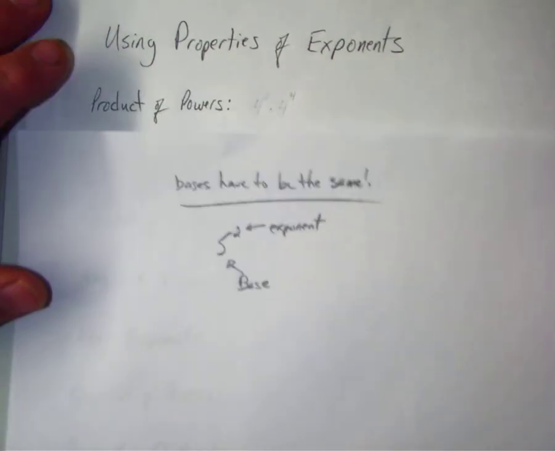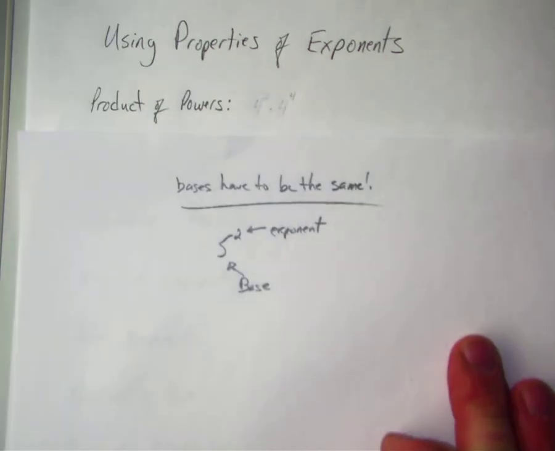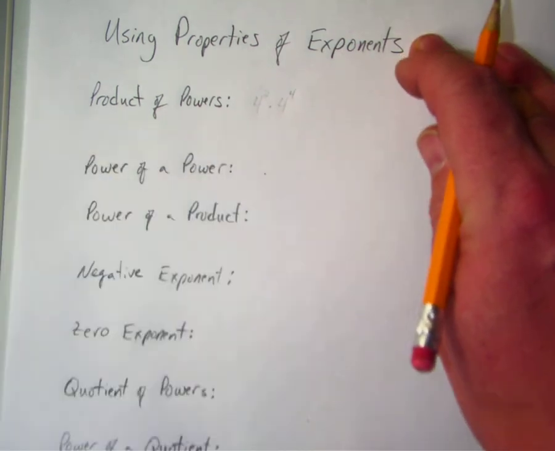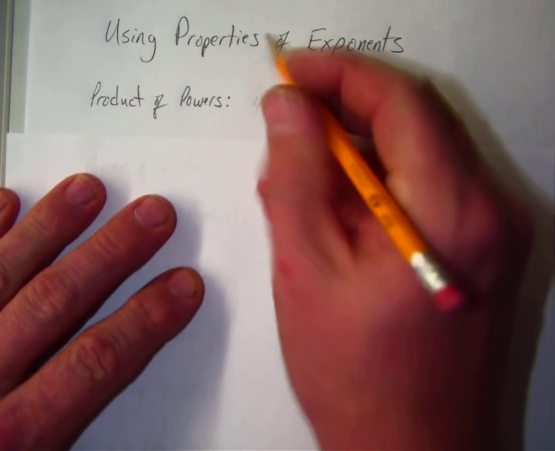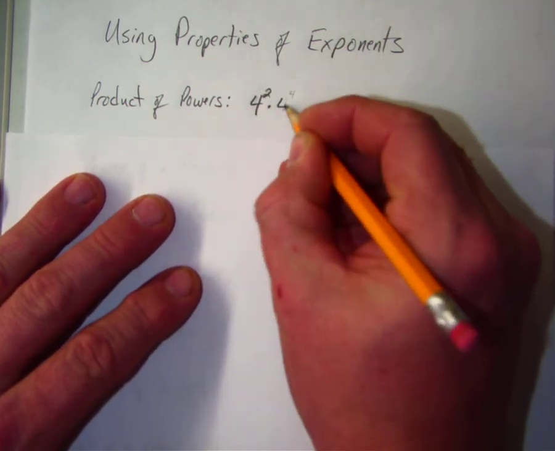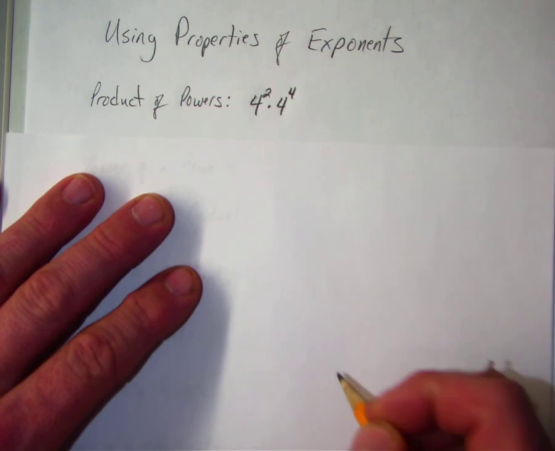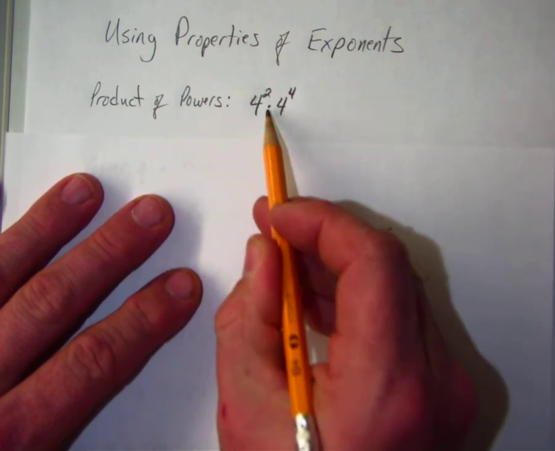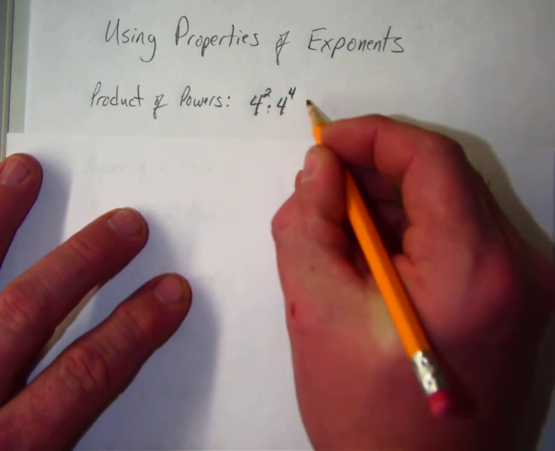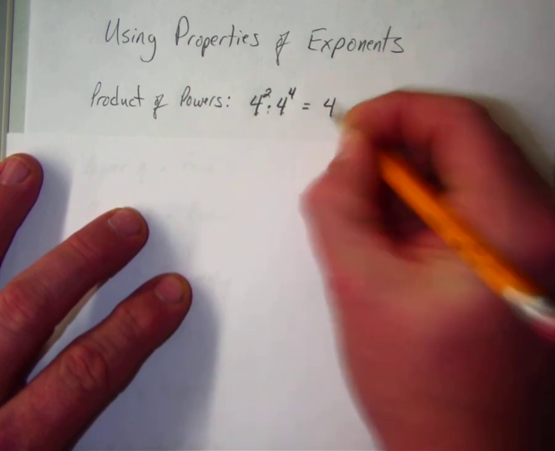All right, so let's look at the first property. First property is product of powers. So for example, we have 4 squared times 4 to the 4th. All right, you notice I'm multiplying. The bases are the same, so since they are the same, I keep the base.